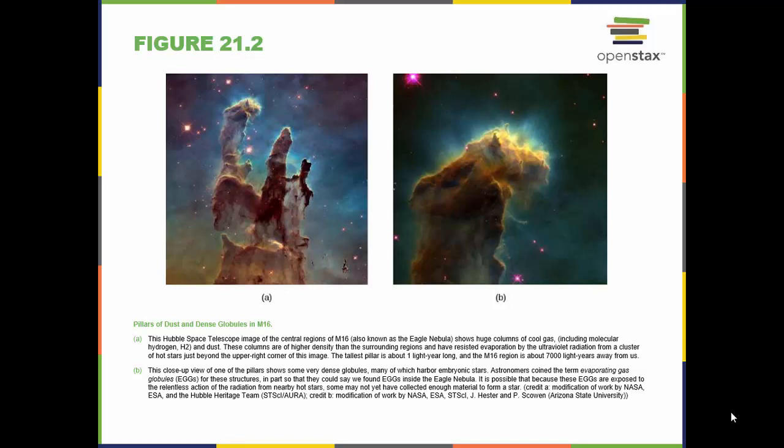In these gases is, of course, hydrogen, which is the most abundant molecule in the universe. These columns are higher density than the surrounding regions, and they have resisted evaporation by ultraviolet radiation from a cluster of hot stars just beyond the upper right-hand corner of the image.